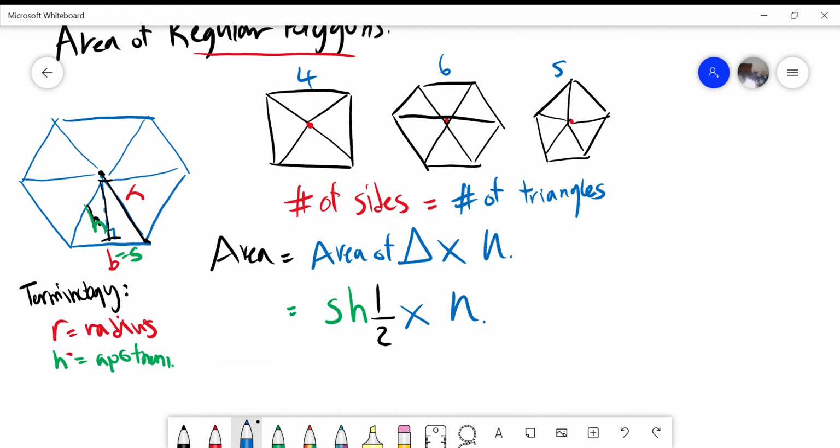Okay, now let's try to simplify this, right? It's pretty simple. We have the half still, right? We have the half here.